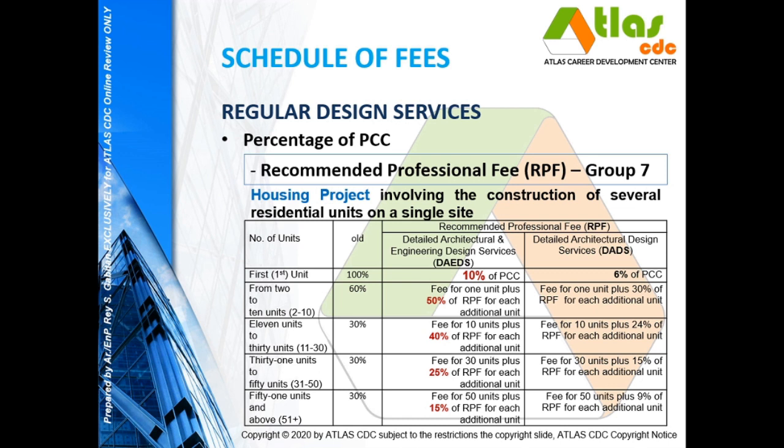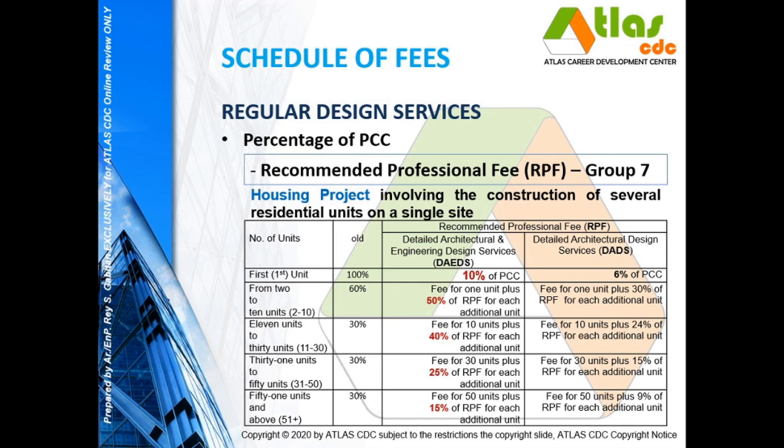Where does this 10% come from? If you look at group 4, residential, because this is a housing project, the recommended is 10%, and if that is DADS, the recommended is 6%. Now for the next 2 to 10 units, each unit will be computed at 50% of the fee from the first unit.